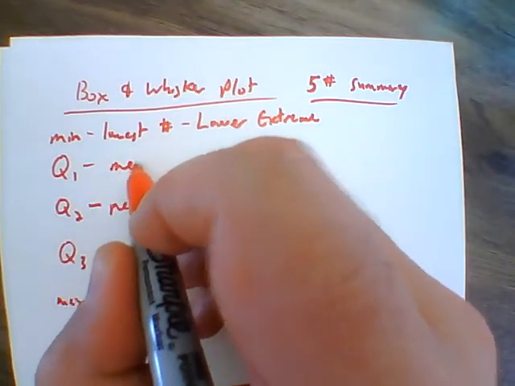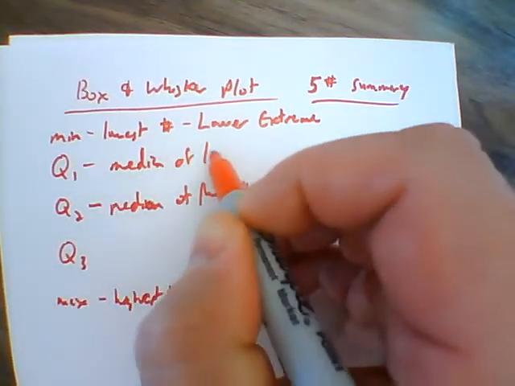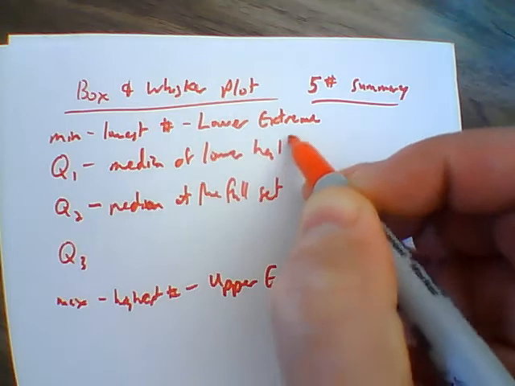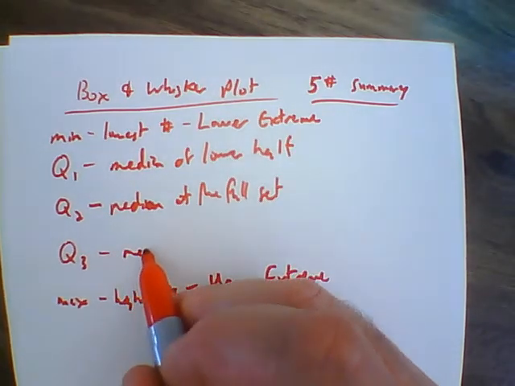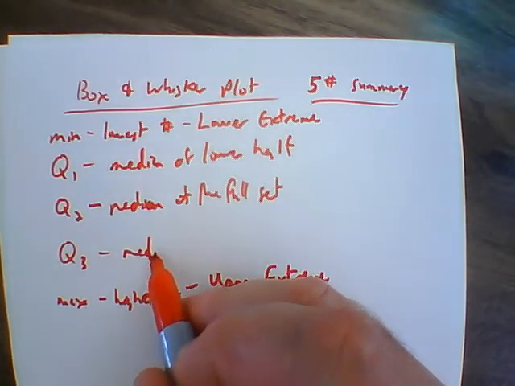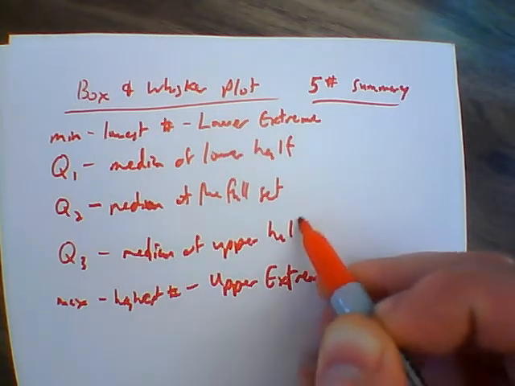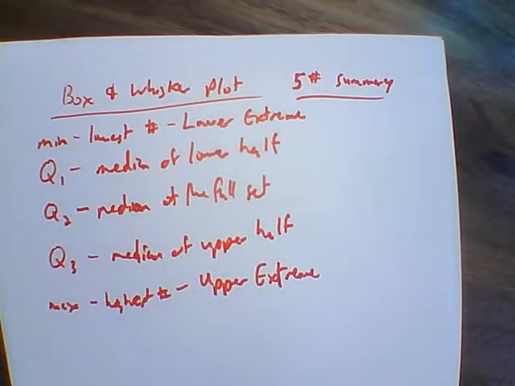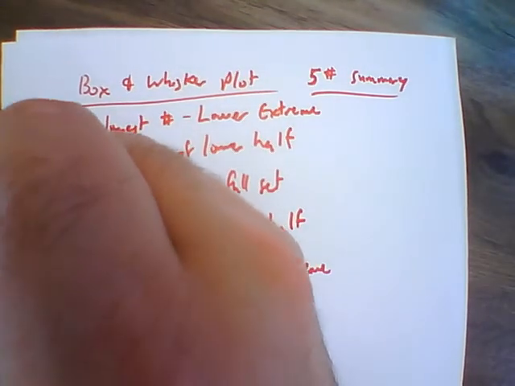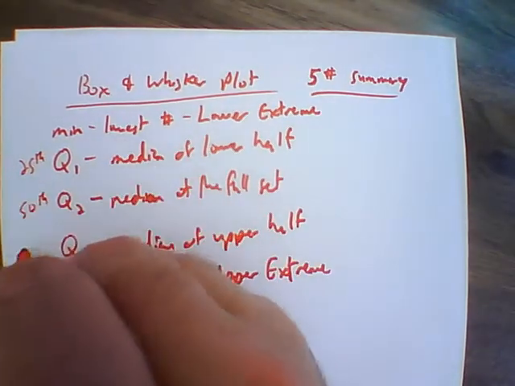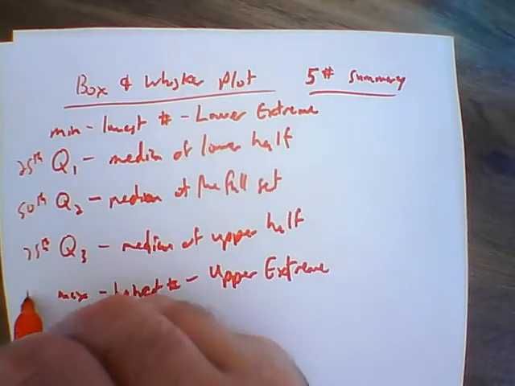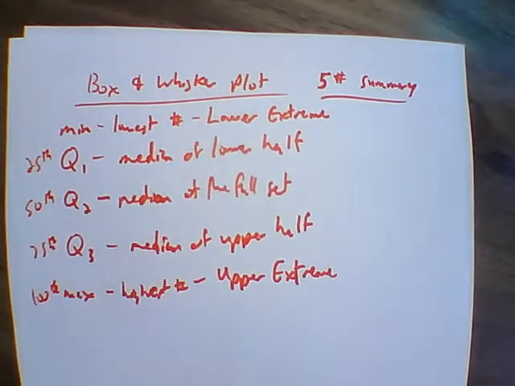Quartile 1 is the median of the lower half, and then we have the median of the upper half. So basically what this does is it breaks us into percentiles, or it breaks it into quarters, thus quartiles.